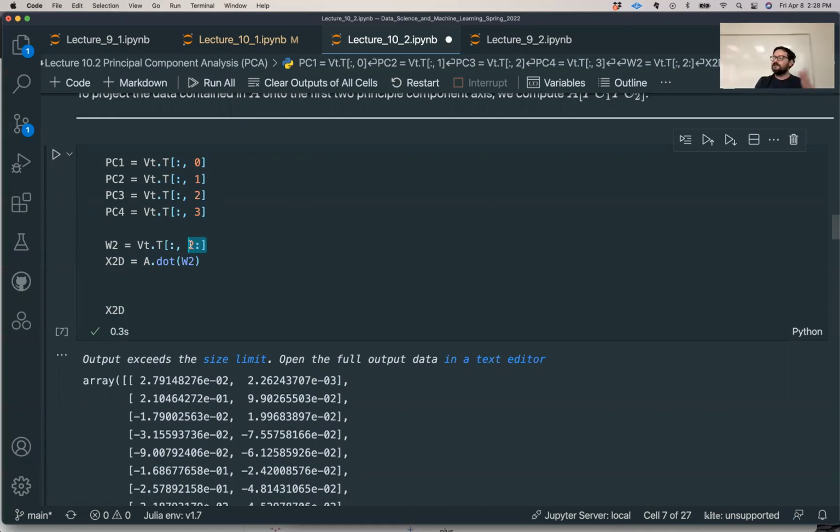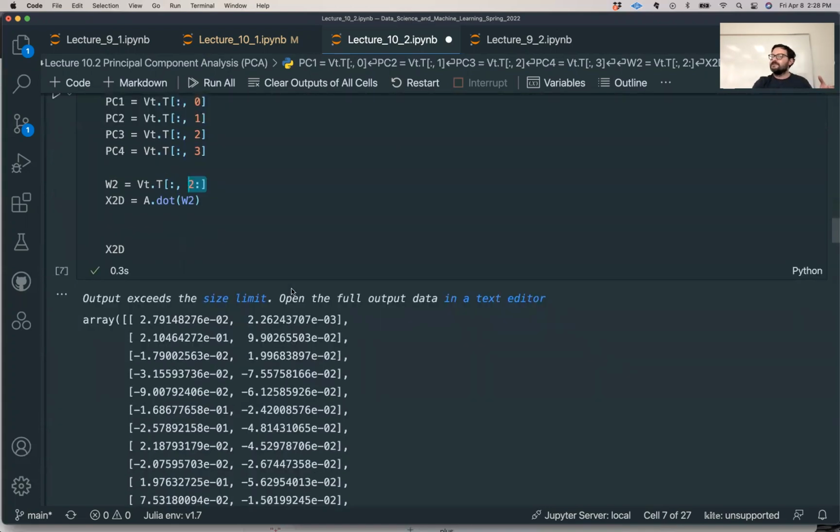Like I mentioned earlier, it's in decreasing order, right? The first singular value is the magnitude of scaling and it's the largest, and that corresponds with the first singular vector. Next singular value, next amount of stretching, and also the corresponding singular vector. And it's just getting smaller and smaller. So the last two should have the least amount of stretching in the data.